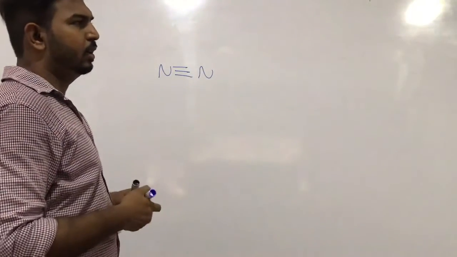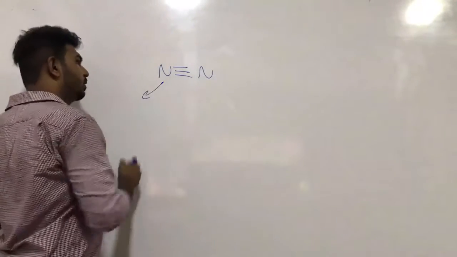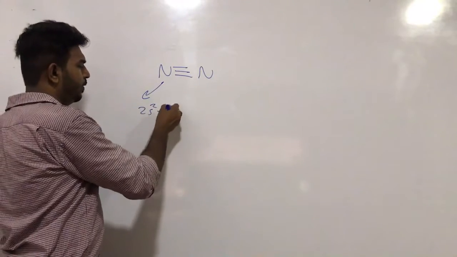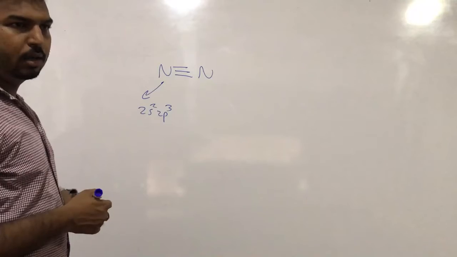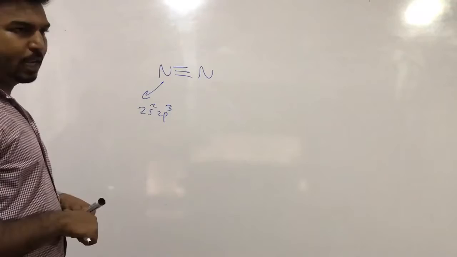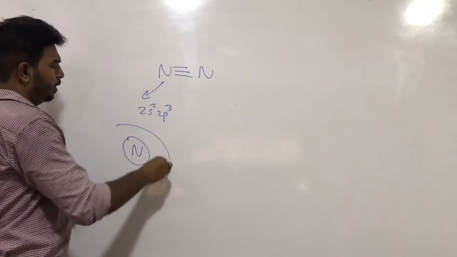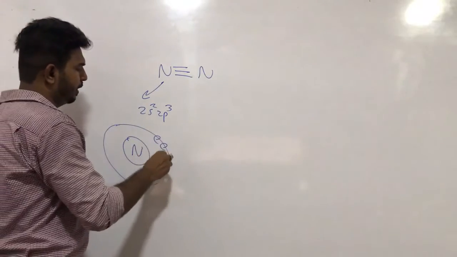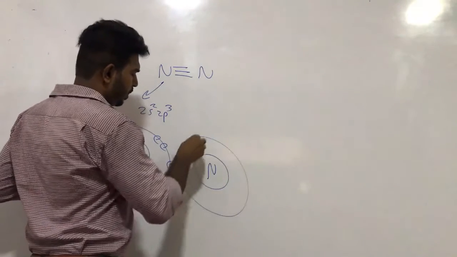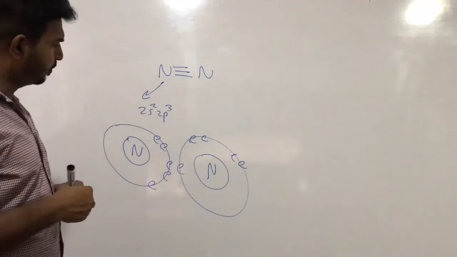If we consider the configuration of nitrogen, it is 2s2 2p3. So there are 5 electrons in the outermost shell.